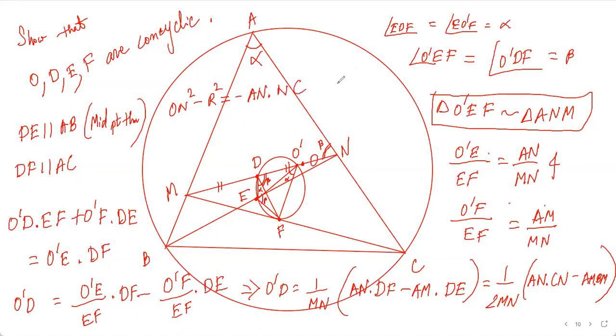So I just multiply the negative thing out to make it r square minus ON square.